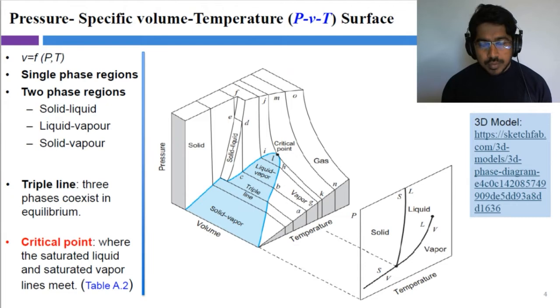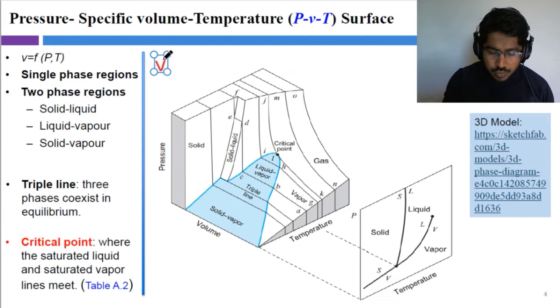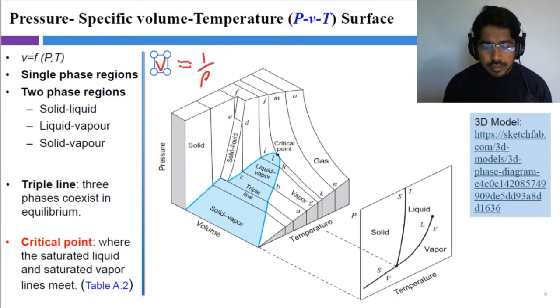Okay, so in the previous lecture you remember that we discussed that the density of a substance depends on pressure and temperature, right? And we know that the specific volume is the inverse of density. So basically we can write specific volume v equals 1 over density, right?